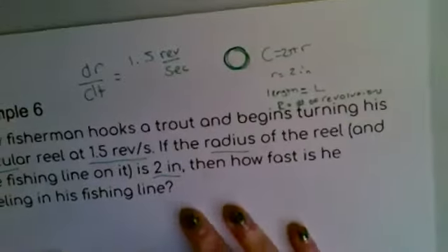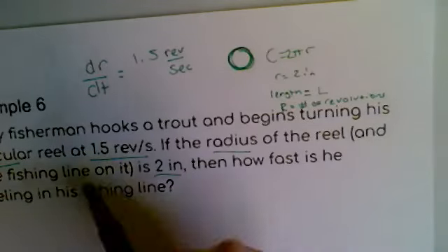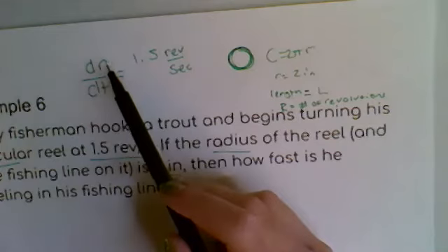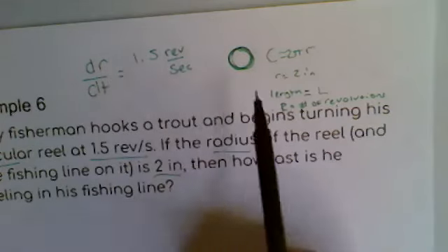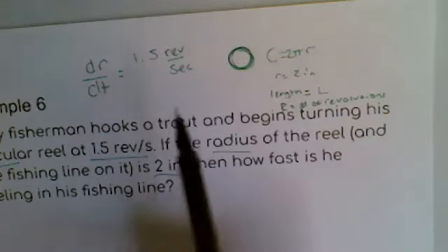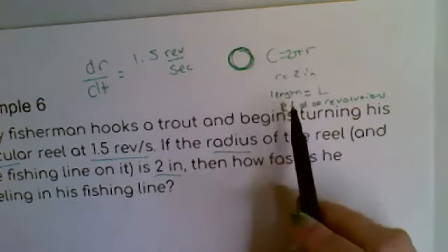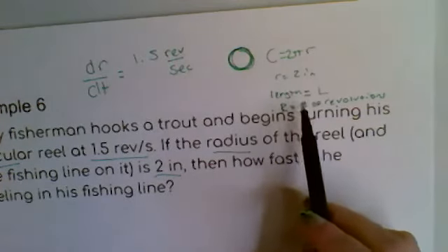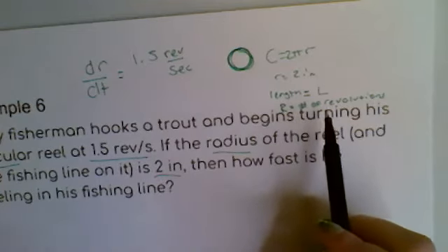All right, so let's just recap this real quick. The fisherman is rolling it up at a rate of 1.5 revolutions per second. When we're rolling it up, we consider that circumference because it's going around the circular part of the fishing rod. The radius is 2 inches. We also care about the length, and we care about R being the number of revolutions.